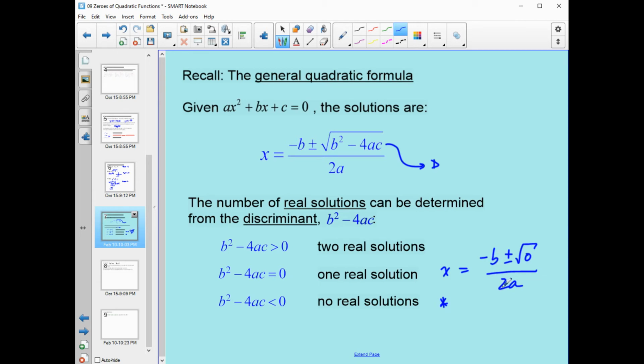That's a single result. It's the plus or minus that introduces two possible results. And that's why if b squared minus 4ac is a positive number, then you could have a result which is negative b plus that positive number, and then you could have negative b minus that positive number. And that's where you get your two possible real solutions.